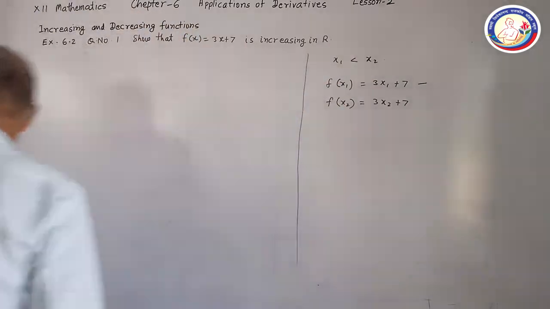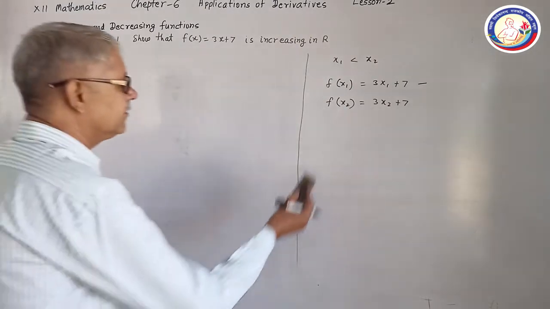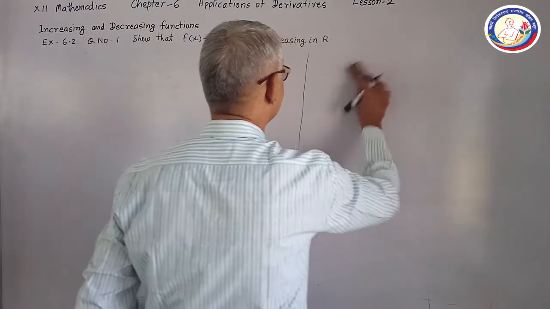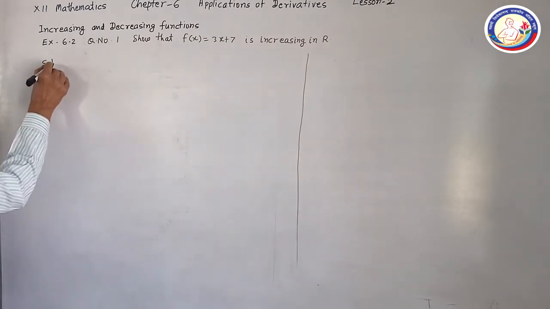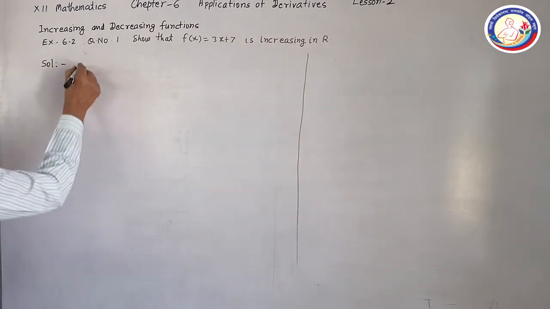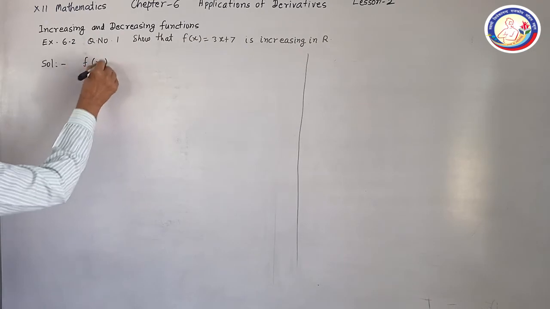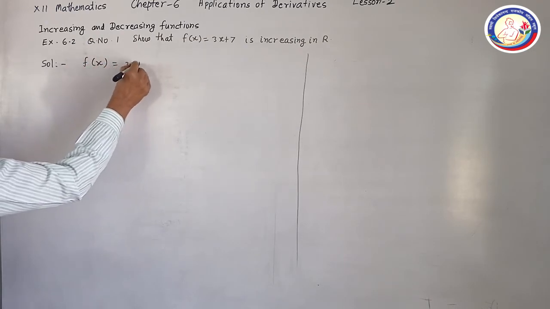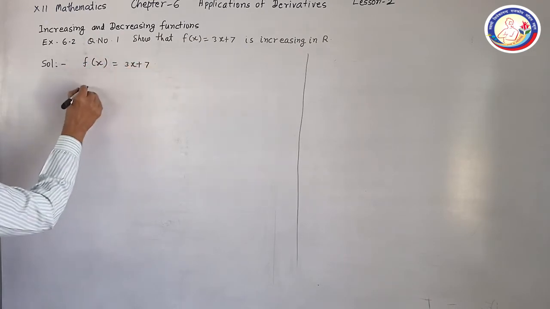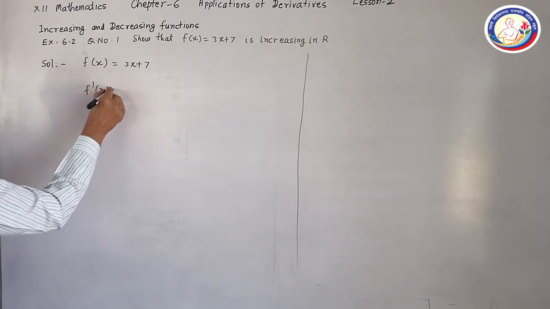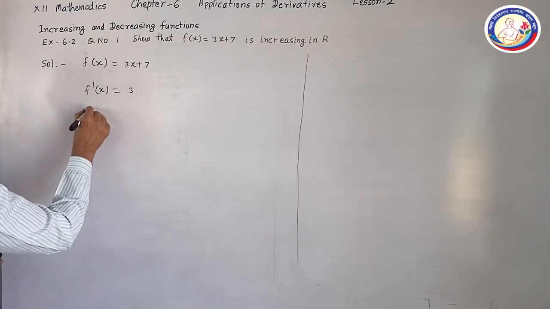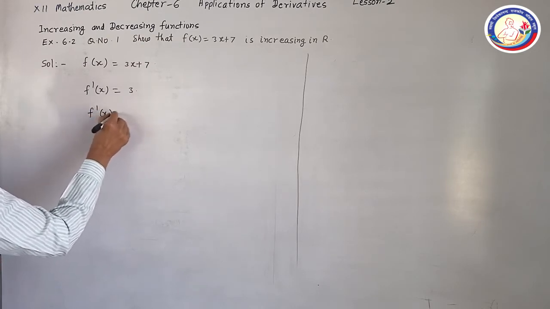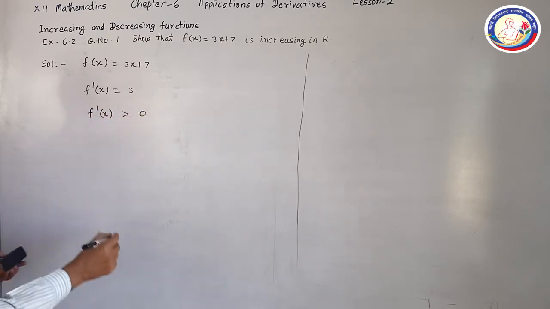Now second way, by derivative method. First of all, find the derivative of this and then test the nature of the derivative. Here the given function is 3x plus 7 and f dash x, that is derivative of this, is 3, which is positive, greater than 0.